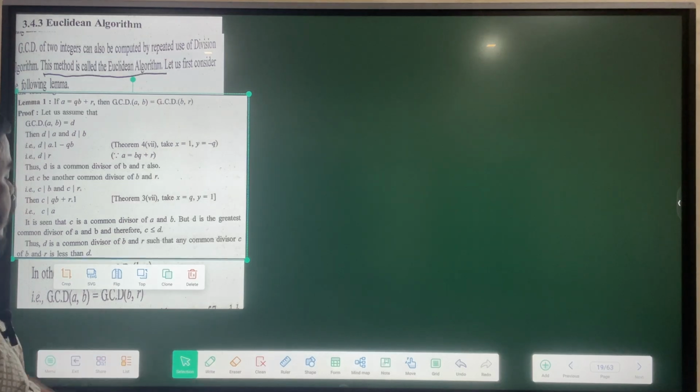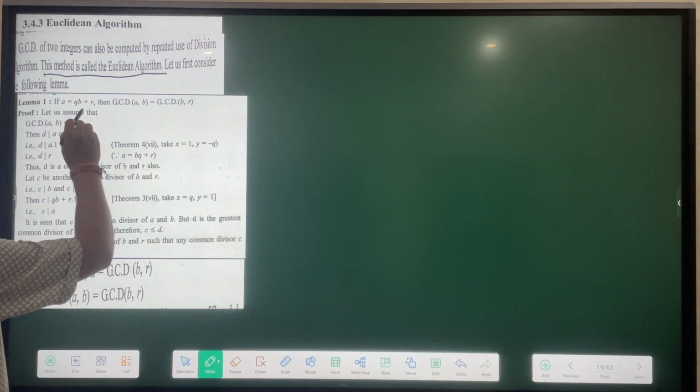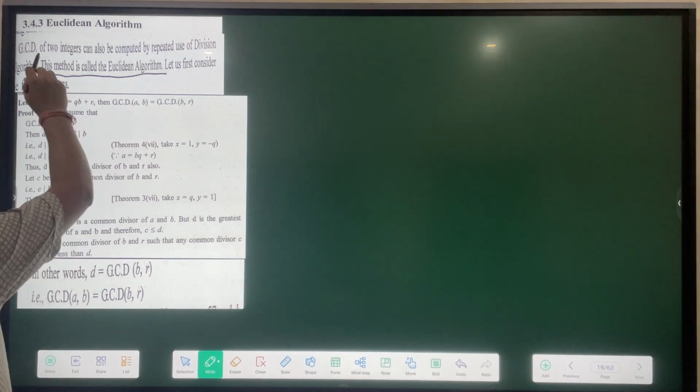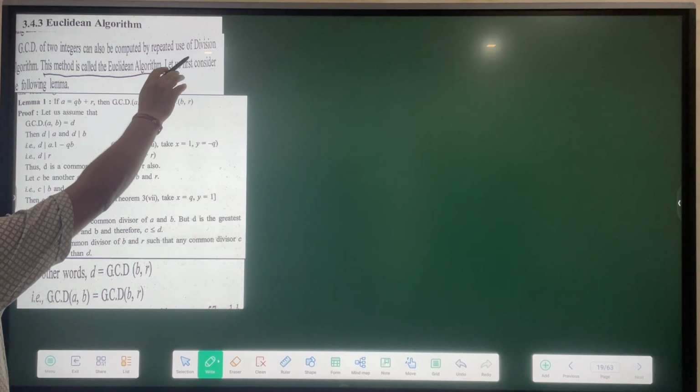If A equals BQ plus R, then GCD of A and B equals GCD of B and R. GCD of two integers can also be computed by repeated division.